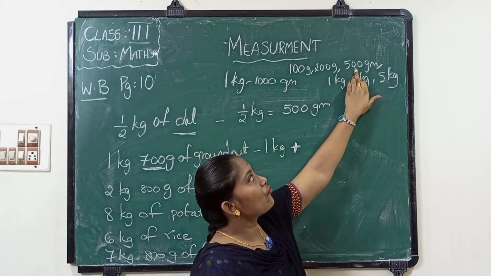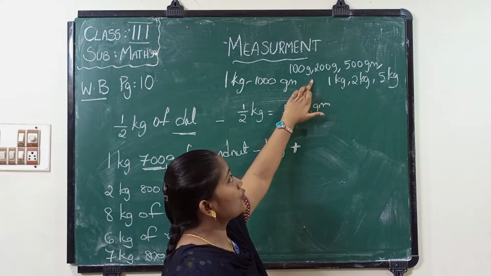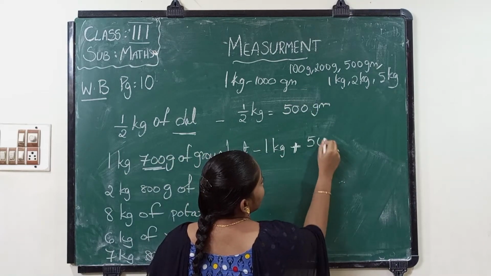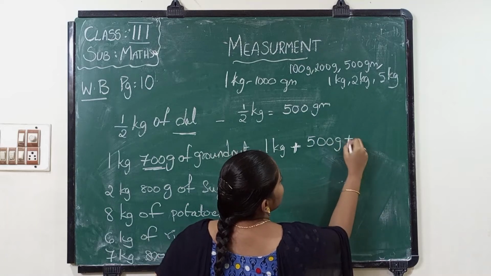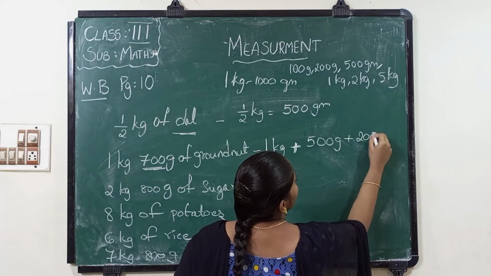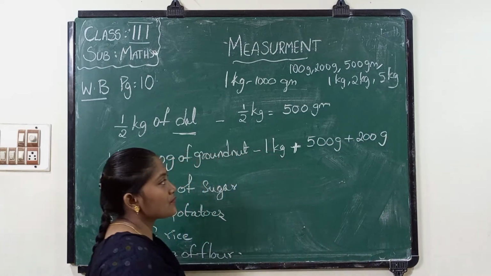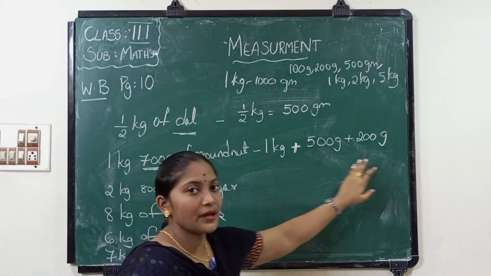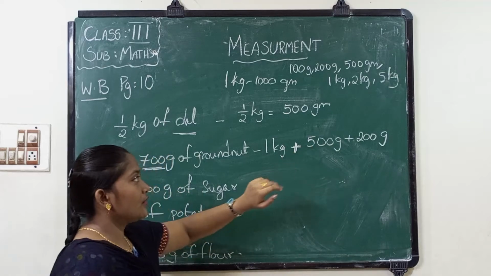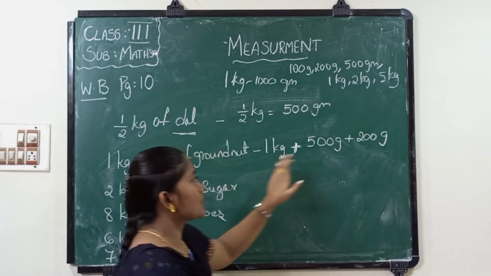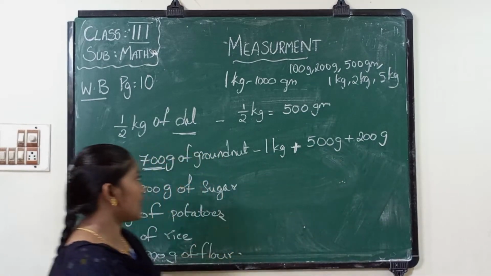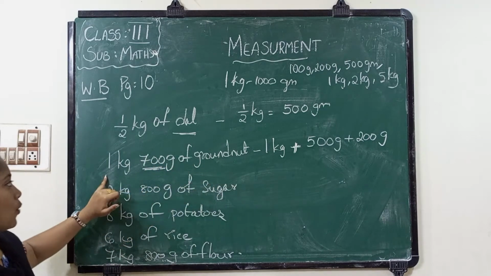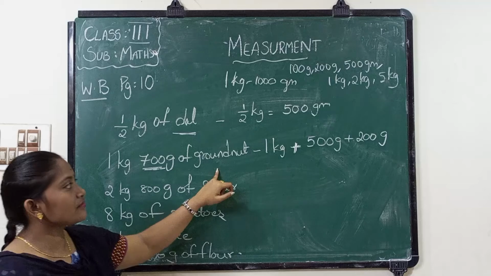So here I am using one 500 gram stone and one 200 gram stone. 500 plus 200 is 700. So 1 kg plus 700 grams. The article is groundnut, 1 kg 700 grams of groundnut.